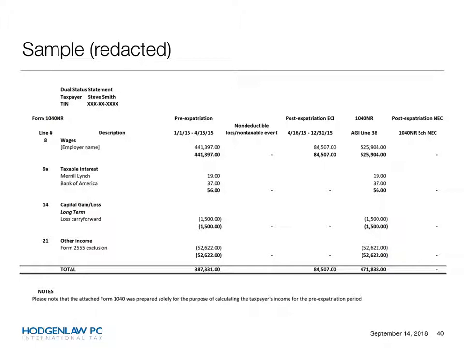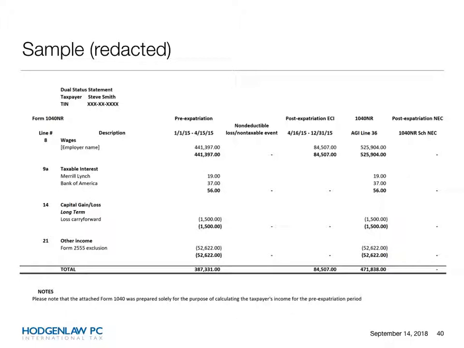Each line item has a breakdown of what made up that line. So for this sample, we have Merrill Lynch and Bank of America that make up the taxable interest. If we had multiple employers, then we would break it down with each employer for the wages line and other items as well.